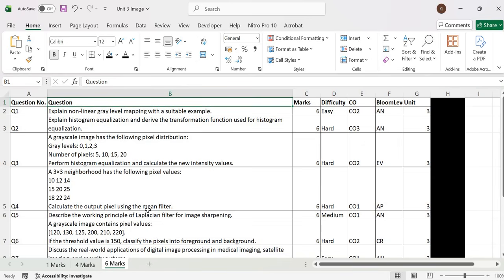Highlight important keywords and maintain proper spacing. And you can avoid these mistakes. Writing irrelevant content. Skipping diagrams. You can't skip it. You have to draw maximum diagrams. Writing very short answer. Ignoring keywords and not explaining step properly.